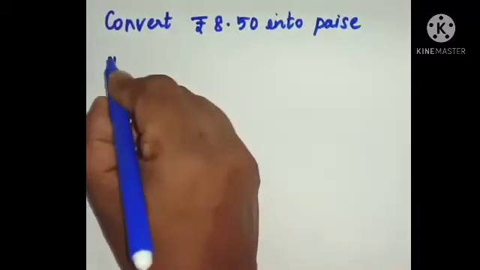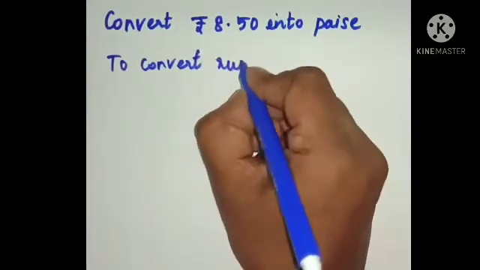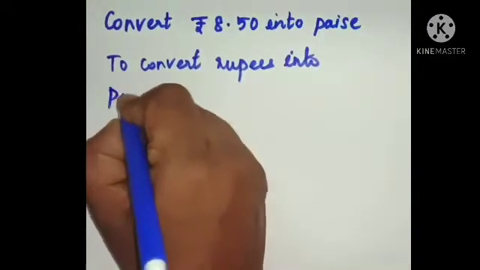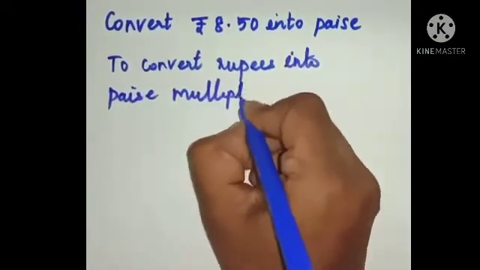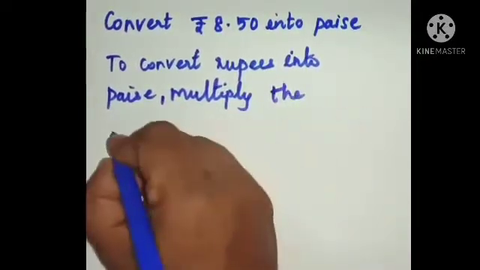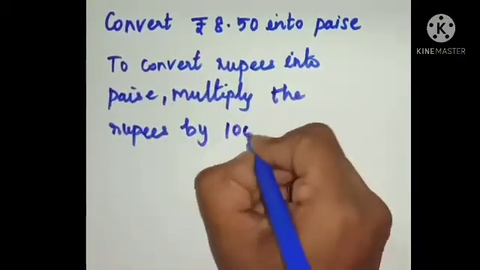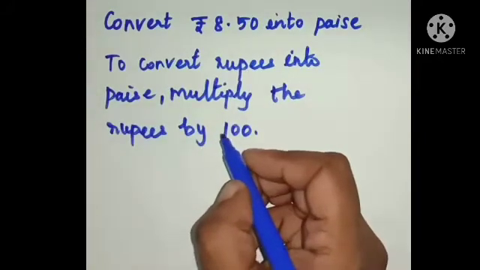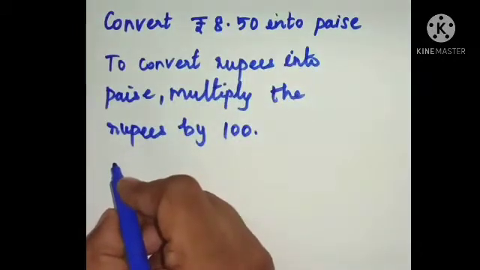We know that to convert rupees into pies, multiply the rupees value by 100. So children, listen carefully. Here we need to multiply 100 with 8.